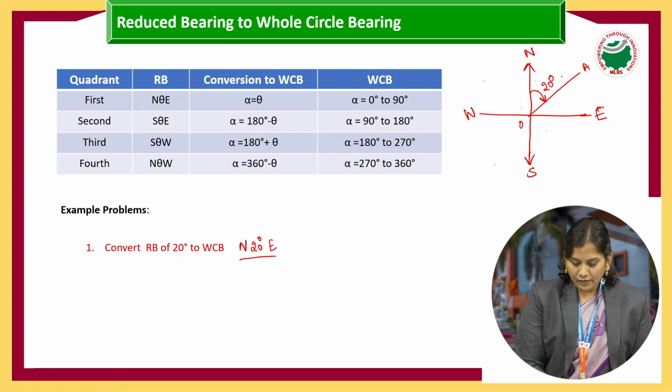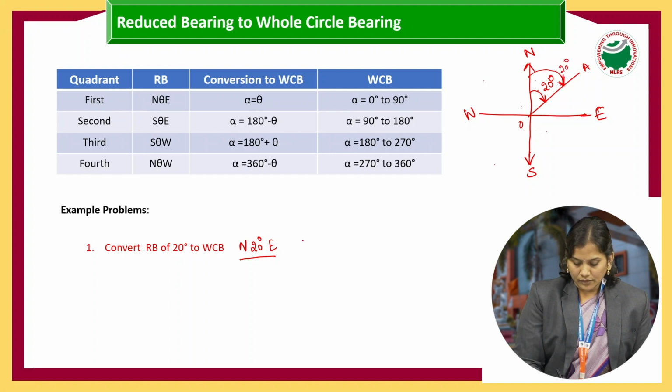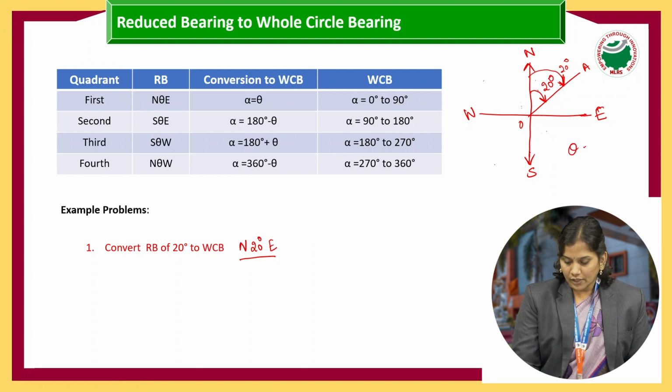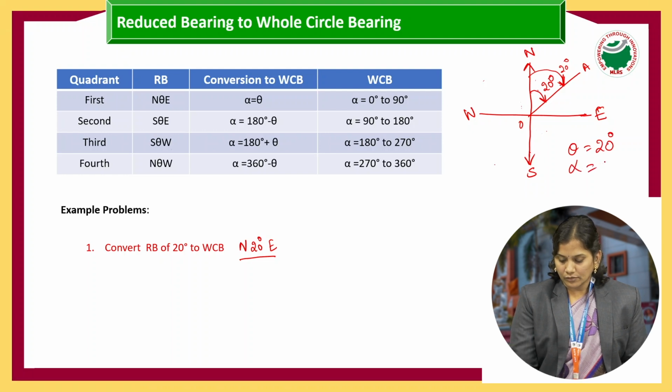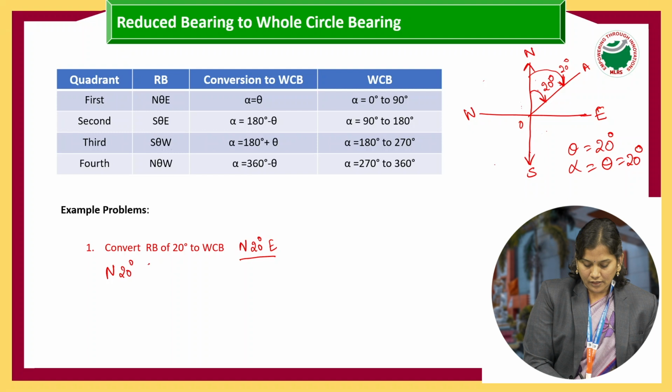Now we need to convert this into whole circle bearing. North towards this line in clockwise direction is again 20 degrees. So alpha equals theta, that is 20 degrees. The whole circle bearing of north 20 degrees east is 20 degrees.